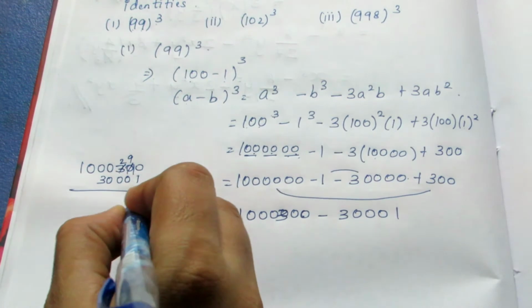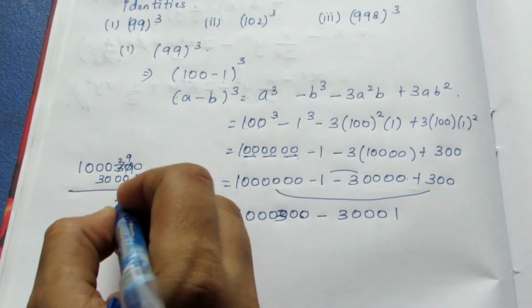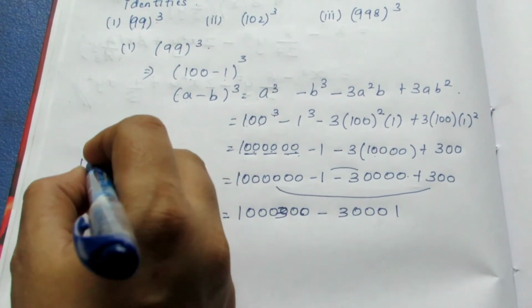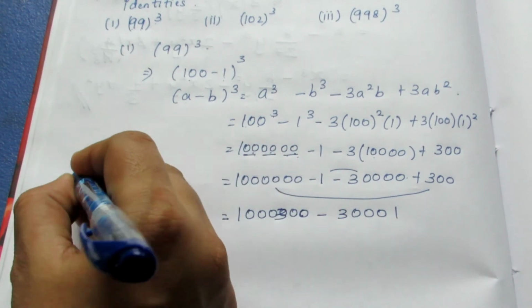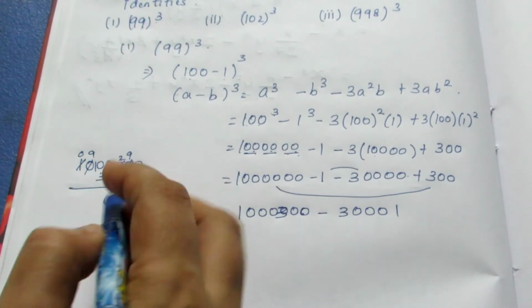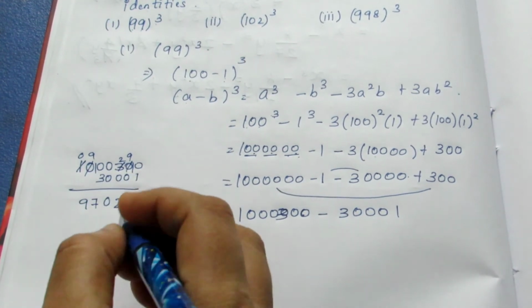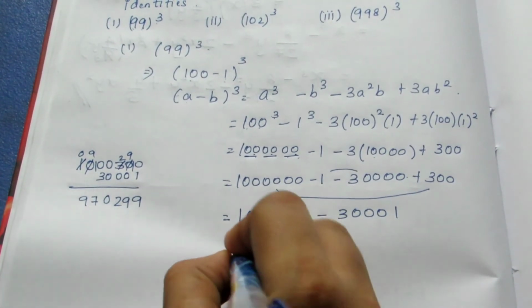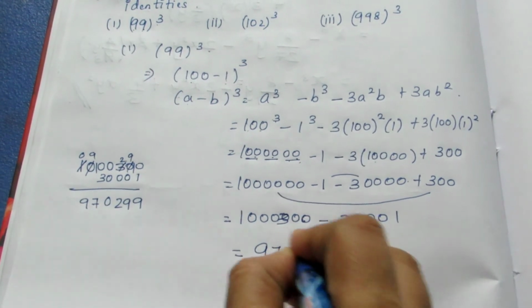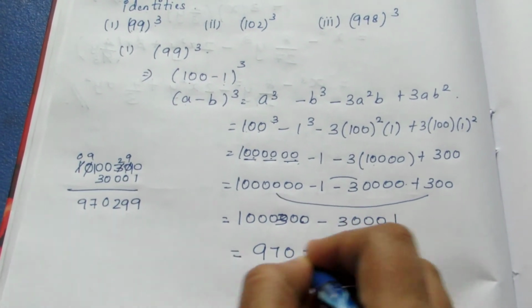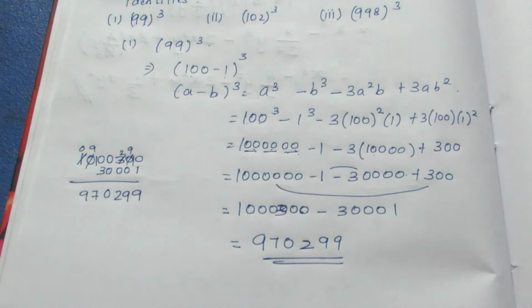Here it becomes 9, 9, 9, 2, then 0. Again 1, I am getting it from this number. Here this becomes 9, this becomes 10. So 7 and 9. Your final answer will be 970299. This is the final answer for the first sum.